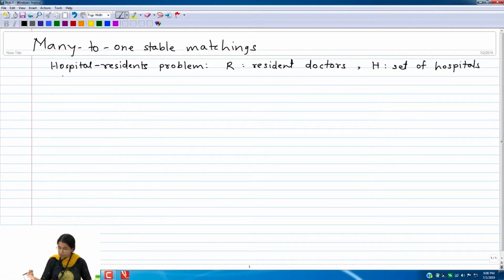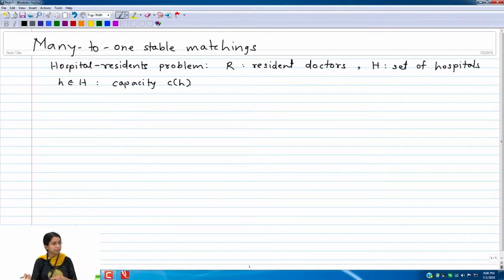Since each hospital can take more than one doctor, every hospital has a capacity. If you are thinking in terms of colleges, this is the maximum number of seats available in a college, but here we will call it the capacity of the hospital. This is how it is described in the literature in terms of residents and hospitals, but always keep in mind that this applies to many situations just like college admissions.